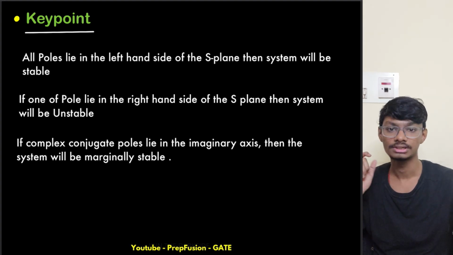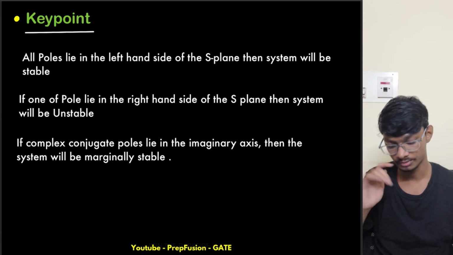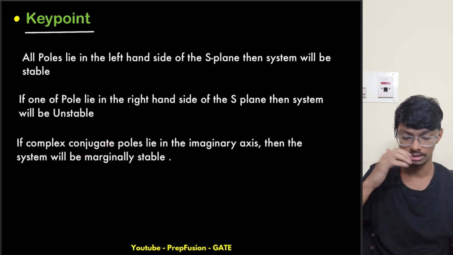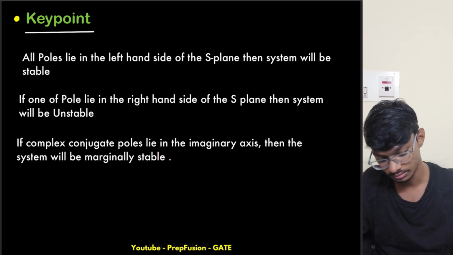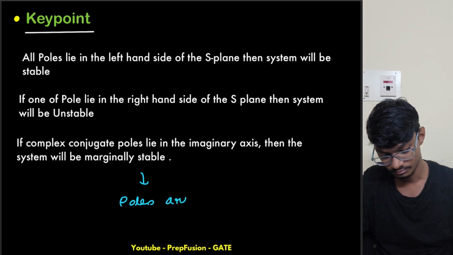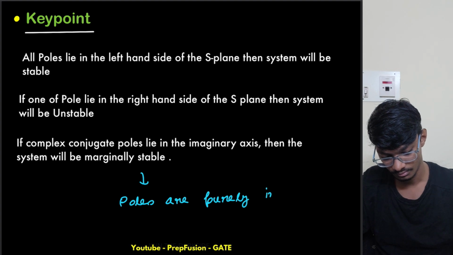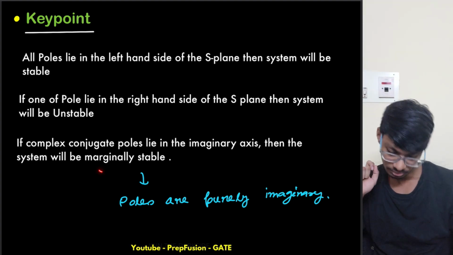Just understand this: if the poles are purely imaginary, that is, complex conjugate poles lie on the imaginary axis, then the system will be marginally stable.